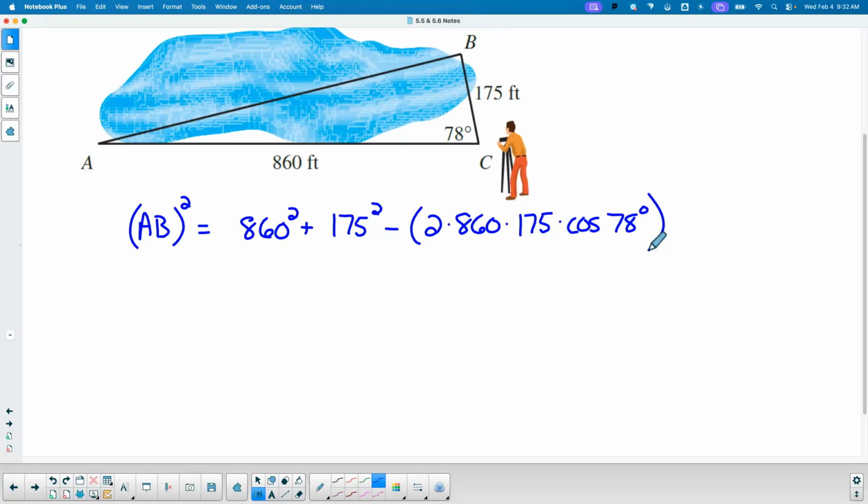That gives me 707,643.58106 for AB squared.